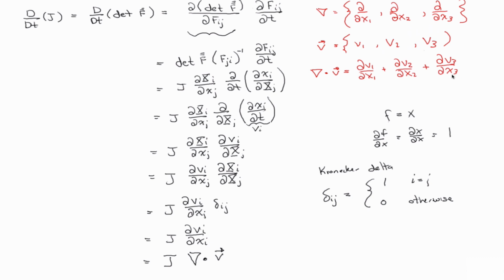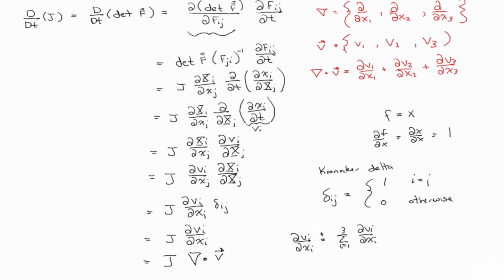And so right there, you can see that whenever you have this repeated index, it's kind of obvious when I started because I was dealing with matrix product operations. But here, wherever you have a repeated index in a term, this is like the summation. So whenever you see partial vi partial xi, this is like the summation where i goes from 1 to 3 in this case of partial vi partial xi.